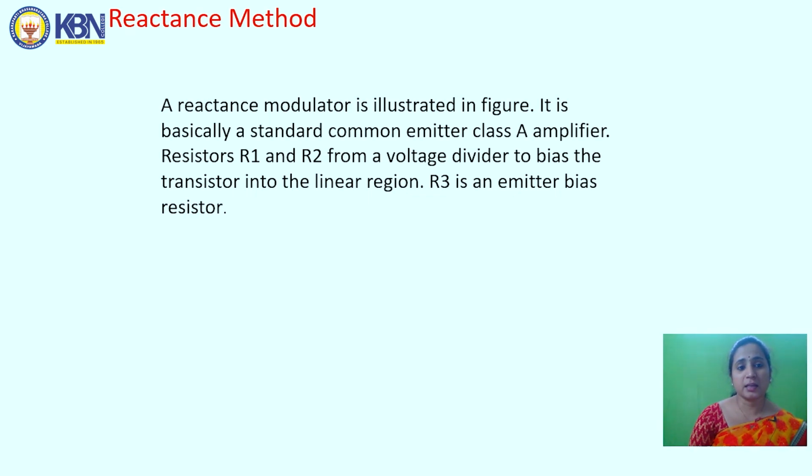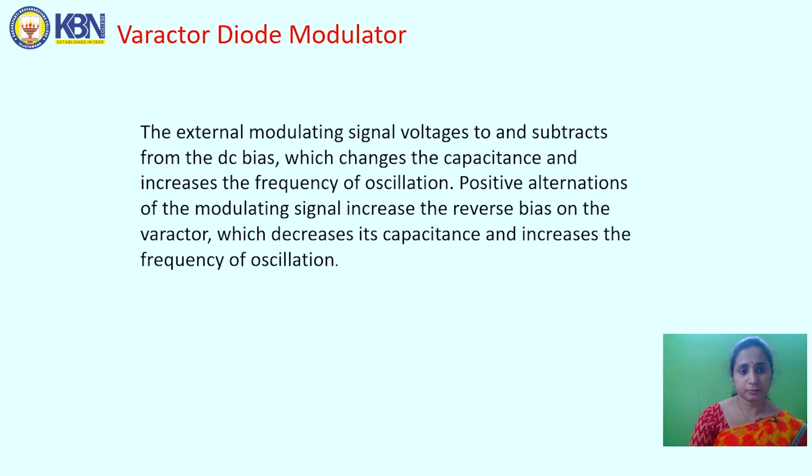Next is the varactor diode modulator, which uses a DC bias, diodes and some resistors.